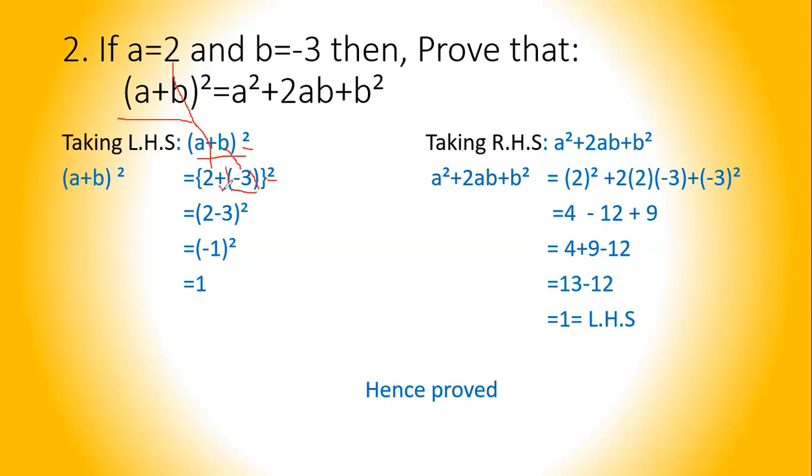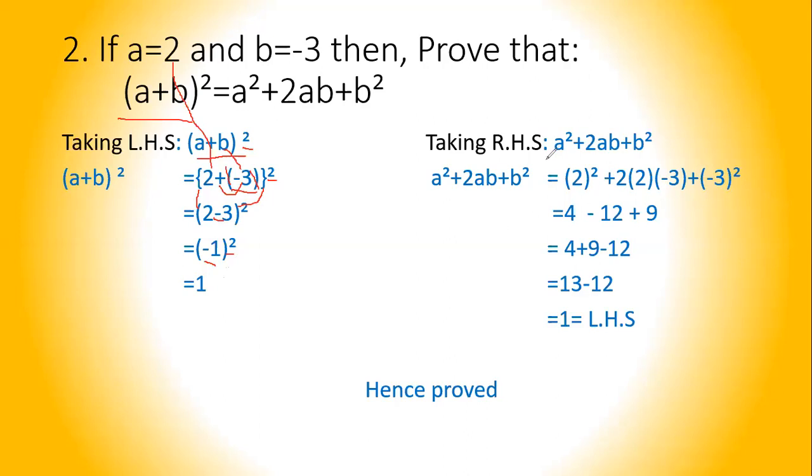When we remove it, these two signs will be multiplied, so plus minus minus. 2 minus 3: when the negative number is greater, the answer will be negative. So we get minus 1 whole square. When we remove the small bracket, the curly bracket is converted into a small bracket. Now, minus 1 whole square means minus minus plus and we get 1. That means minus 1 is multiplied twice, we get 1.